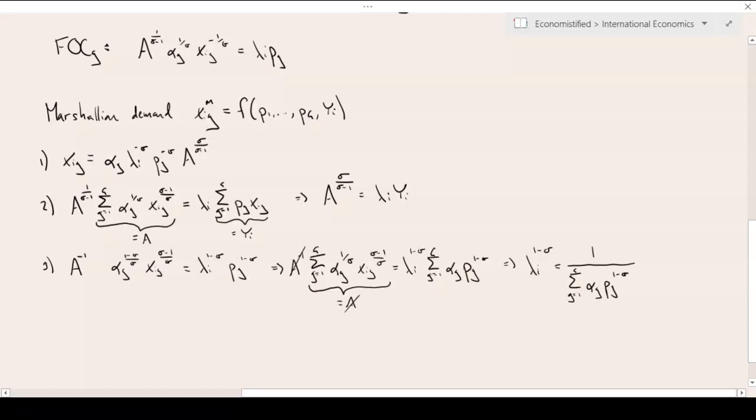Now I can substitute both of these equations. I'm going to call this equation 2, I'll call this equation 3, because they're from step 2 and step 3, into equation 1, which is the equation from step 1.